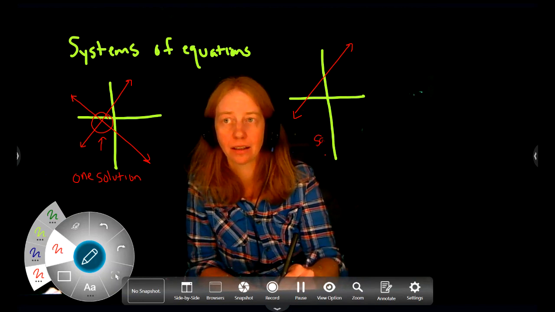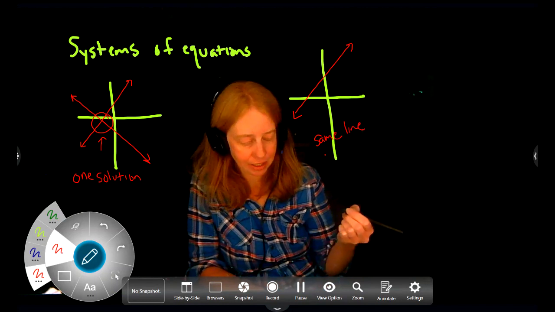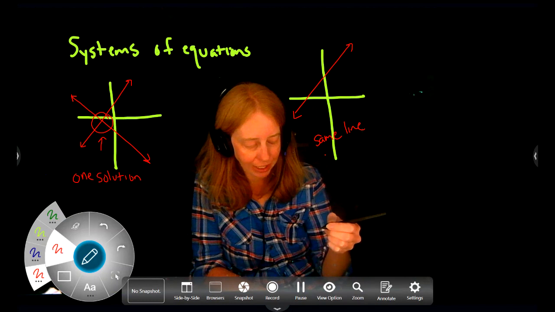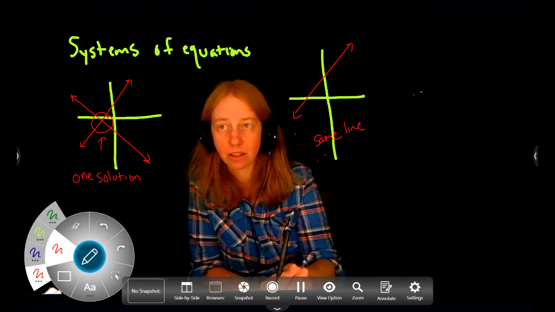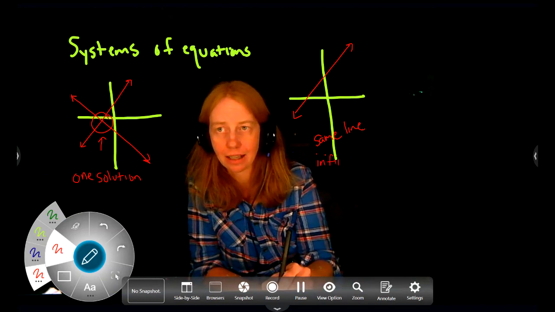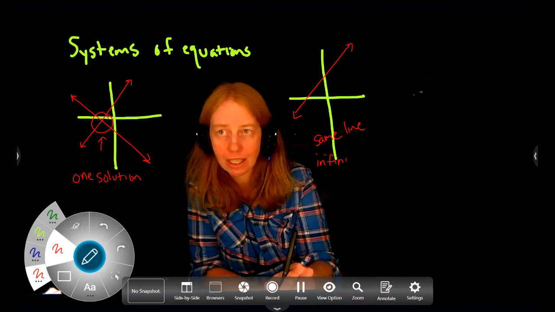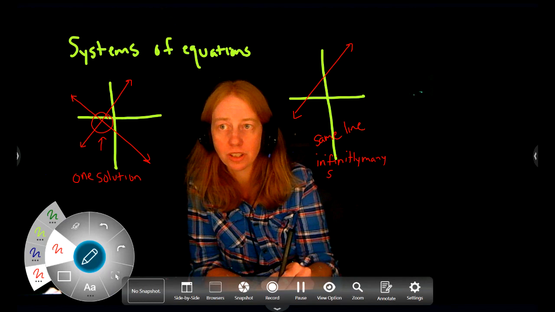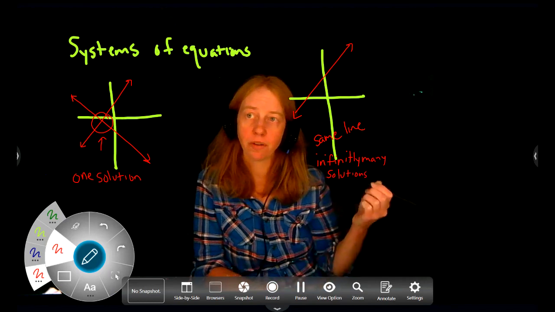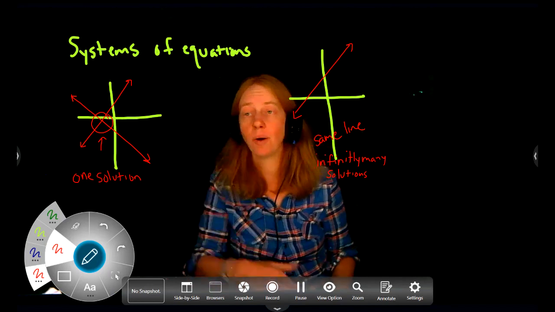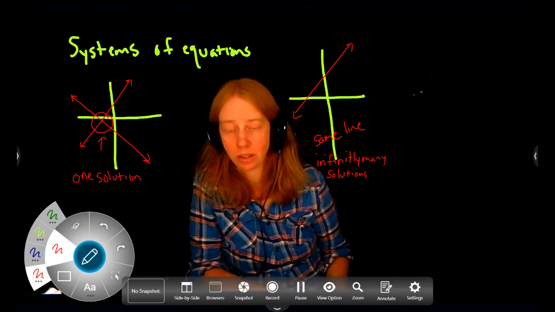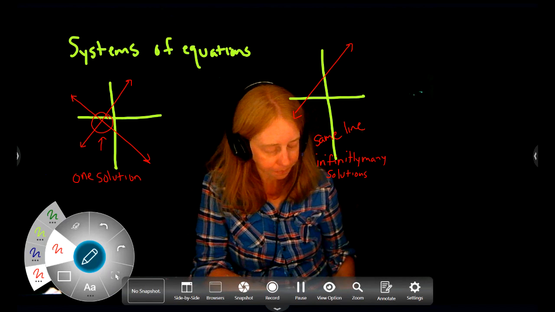Same line. I'm going to write that, same line. Well, what happens is that there are actually infinitely many solutions, because any XY pair that's a solution for the first one is also a solution for the second one as well.